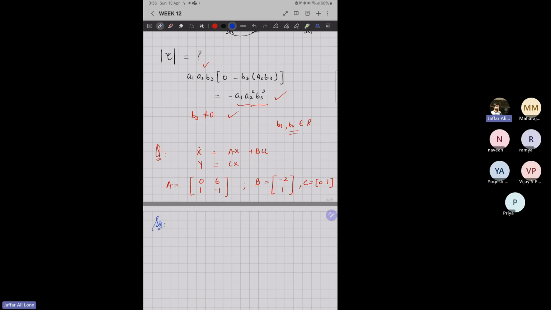First, let's check controllability. Can you quickly tell me whether the system is controllable or not? Based on that, we'll form the different questions. It's not controllable. Ramya has said that it's not controllable. Anybody else got that it's not controllable?